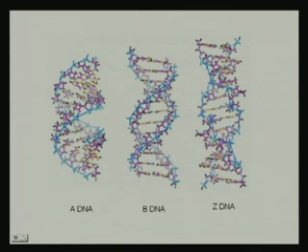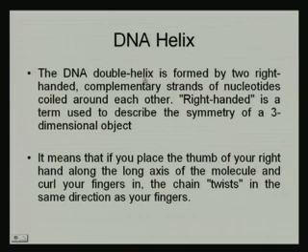At a glance, we can find that the A form of DNA is very thick and short, B is normal, and Z form is thin and long. So, these are some of the DNA helices.